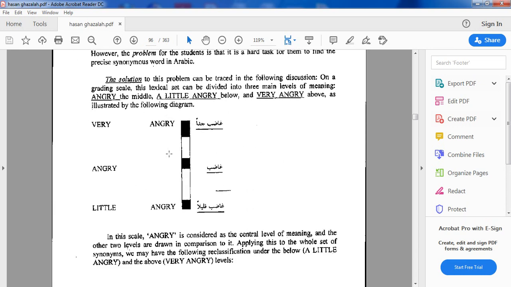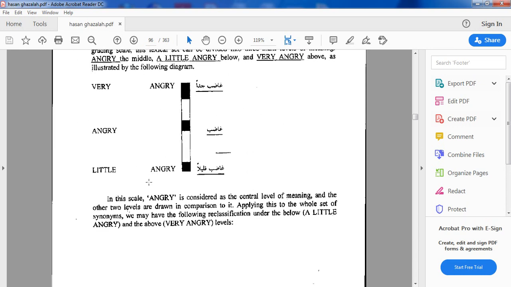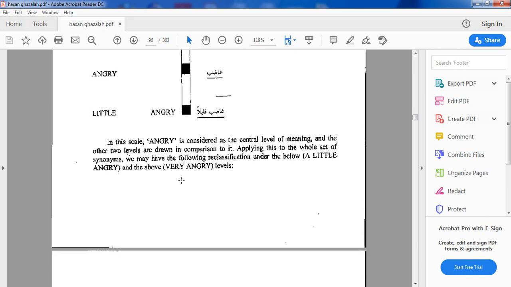And then what should we do? So in this scale, angry is considered as the central. Yes, angry is the central. And we have two other levels, so we have a little angry and very angry.